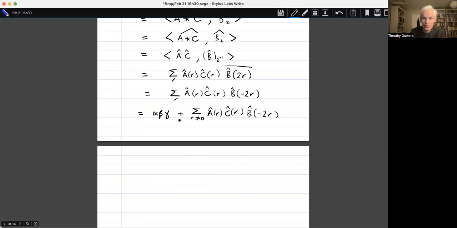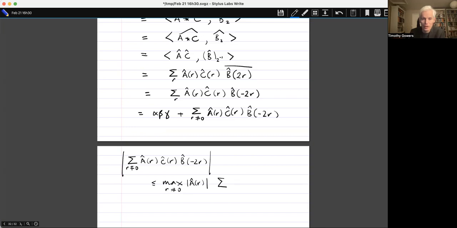So let's now estimate this thing, and this is where I said we did some Fourier analysis, and then we have a simplish argument. So let's rewrite it. So it's sigma a hat r, but I'll put a modulus sign around it. That is less than or equal to the maximum, such that r doesn't equal 0, of a hat of r times the sum of all the rest.